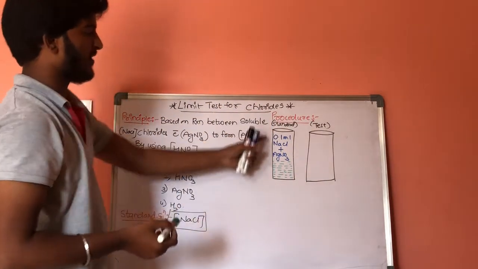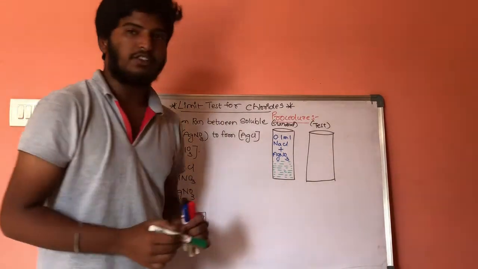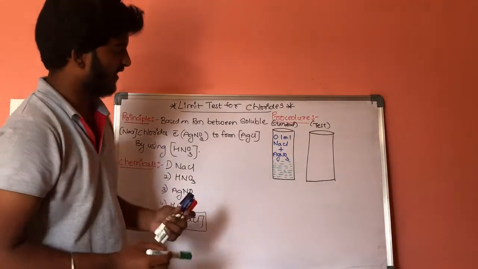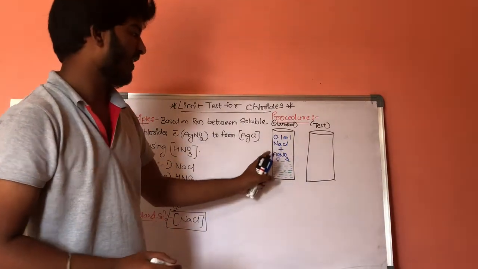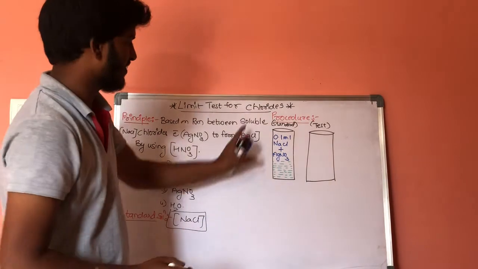The solution will be present in the standard Nessler cylinder. We take 0.1 ml of sodium chloride, which will react with AgNO3. This is about the standard one.